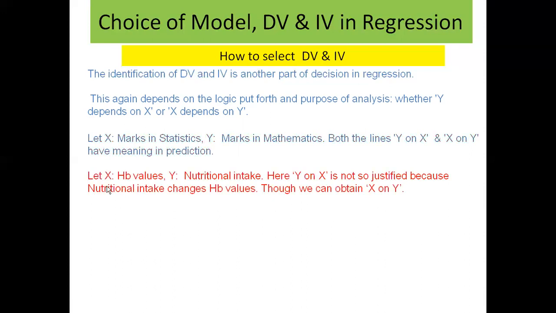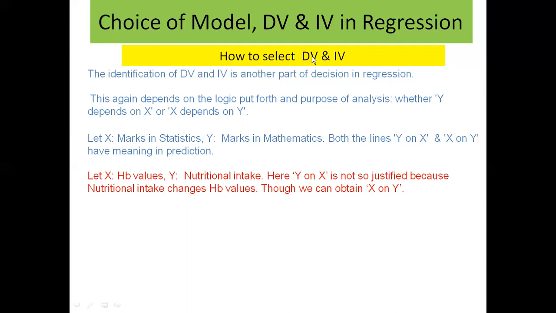Now suppose x is hemoglobin value and y is nutritional intake. Here, y on x is not so justified because nutritional intake changes the HB values, though we can obtain x on y, meaning hemoglobin values depend on nutritional intake. But if you think vice versa, then it will not be logical.